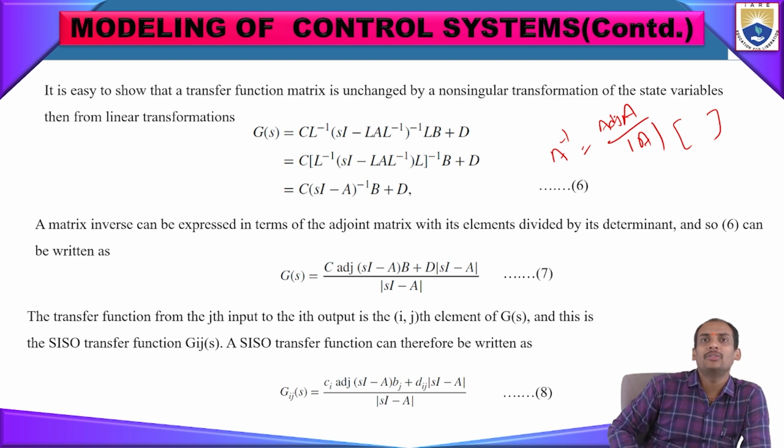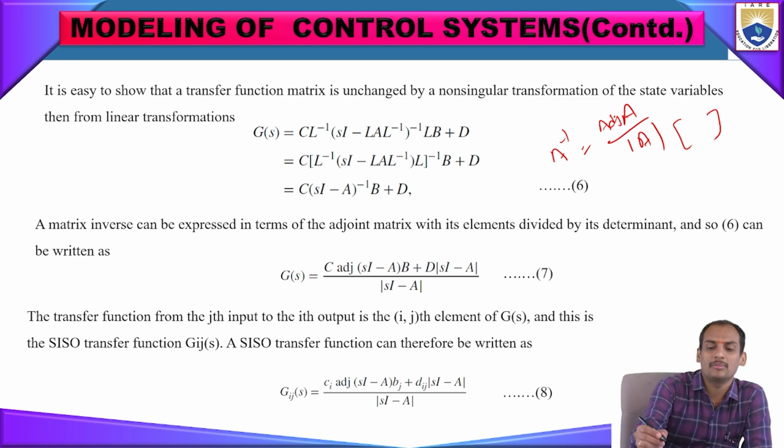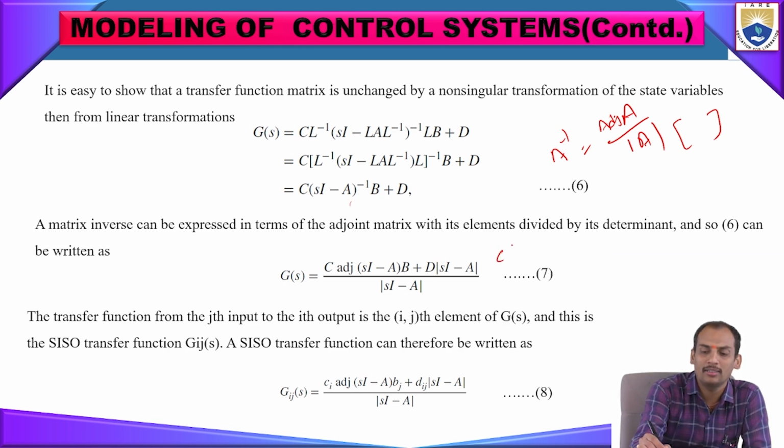So here, adjoint of Si minus A, where Si minus A is the whole matrix, into B plus D, by det Si minus A. This can be written as C of adjoint of Si minus A by det Si minus A into B plus D.